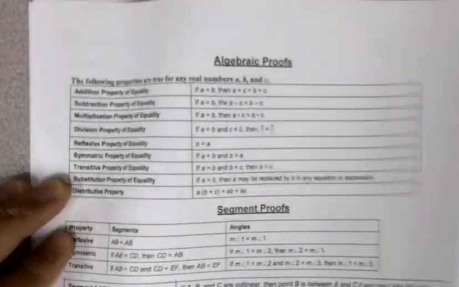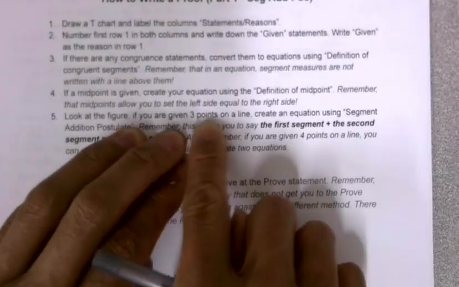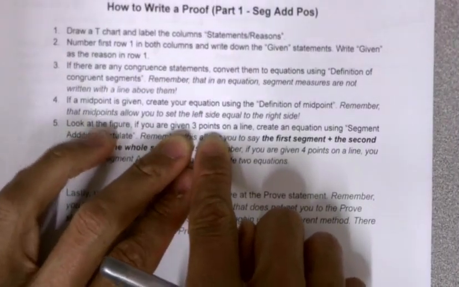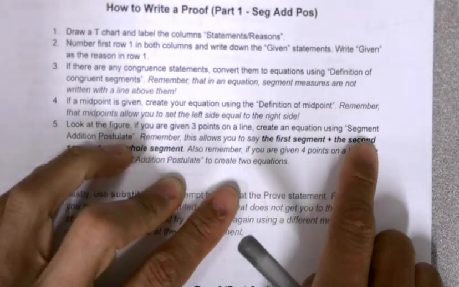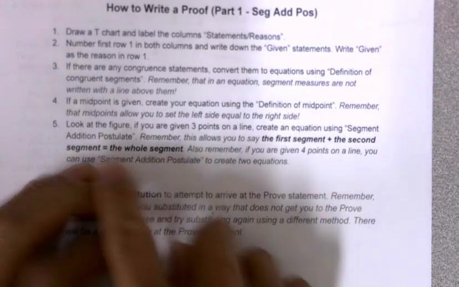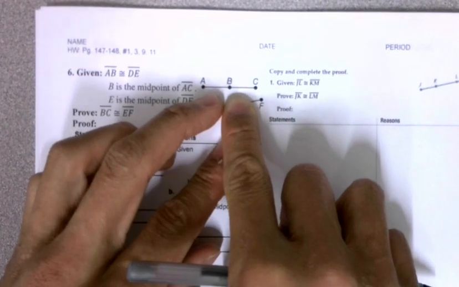So now what's the next step? Whoa, that's not what we want. We want the steps. We're here. What's the next step? If we have 3 points on a line, given the figure, we use seg-adpos to create more equations. What does seg-adpos let us say? First part of the segment plus second part of the segment equals the whole segment. Okay. So we're looking over here at the figure. Do we have 3 points on a line? Yes, we do.